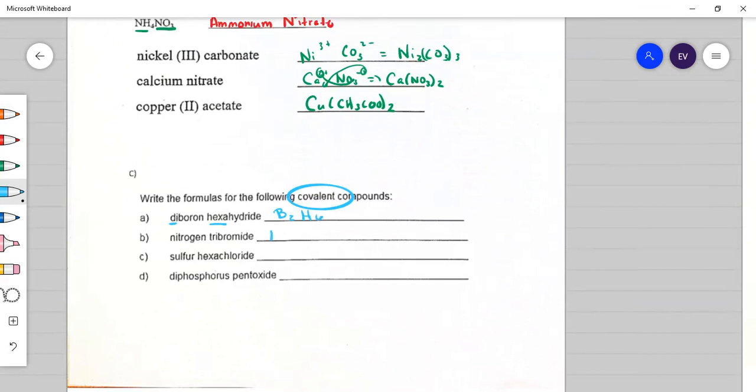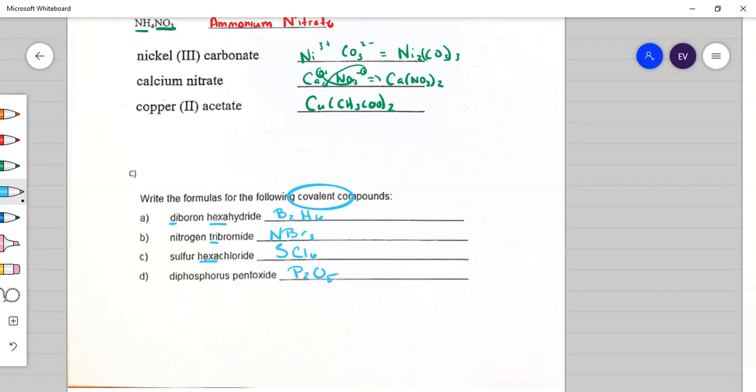Nitrogen tribromide, that gives me 1 nitrogen, and then bromide, well, bromide is bromine, and that means I need 3 of those, right? Sulfur hexachloride, sulfur, if there's no prefix, you understand that it's 1. Hexa is the prefix for 6, so I need 6 chlorines. And then diphosphorus pentoxide is 2 phosphorus and 5 oxygens, okay?